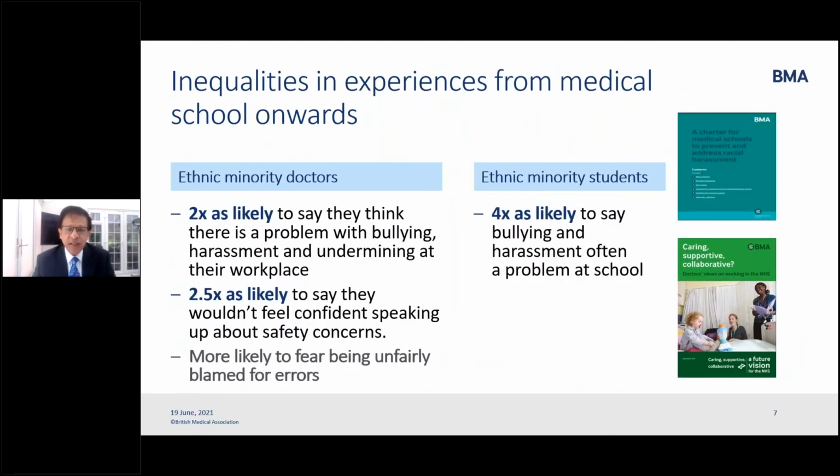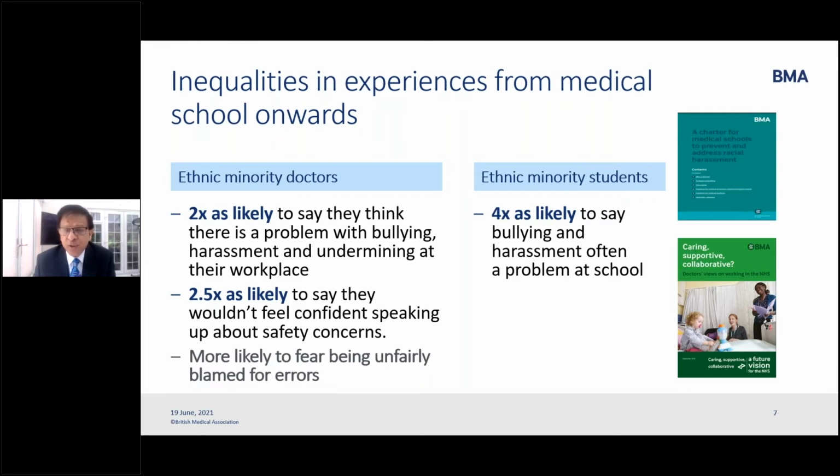Now, in terms of the experience, what do ethnic minority doctors experience in the NHS? Well, actually, there are inequalities from the day you start medical school, and our own evidence has shown that ethnic minority medical students are 4 times as likely to report bullying and harassment, and that affects their education, it affects their experience, so much so that the British Medical Association's Medical Student Committee have produced an excellent charter for race equality that is now being adopted in the vast majority of medical schools.